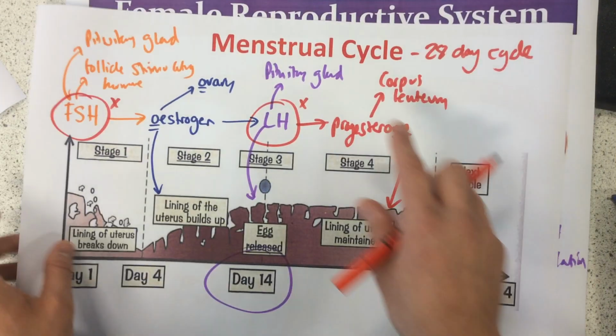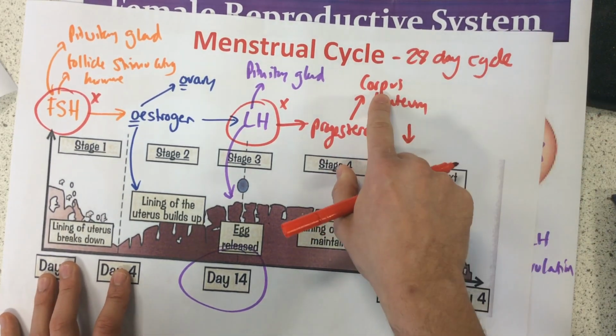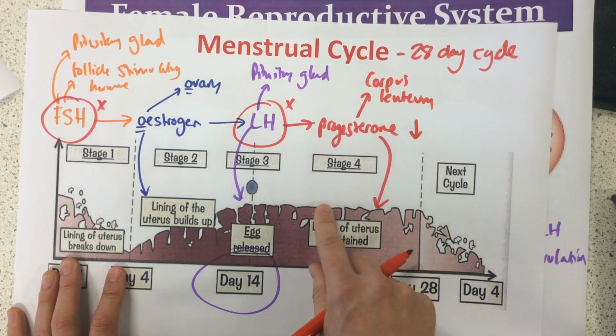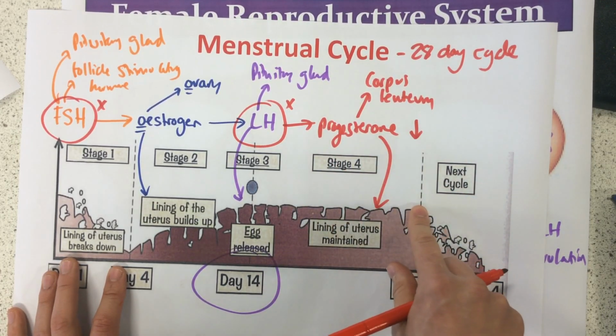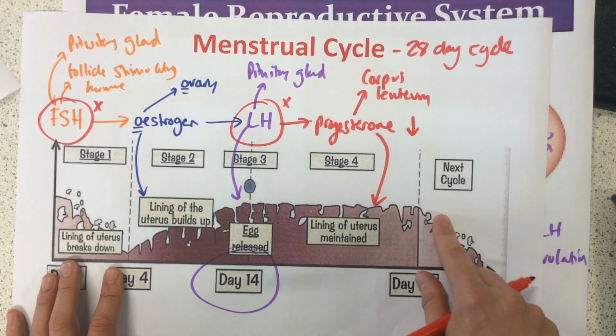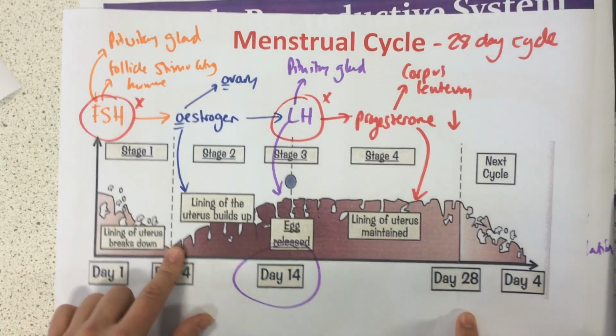So when the progesterone levels start to drop after a while, because the corpus luteum stops releasing it, as progesterone levels go down, it means the uterus lining will no longer be maintained. This causes the lining to break down, just like in the first stage of the cycle.